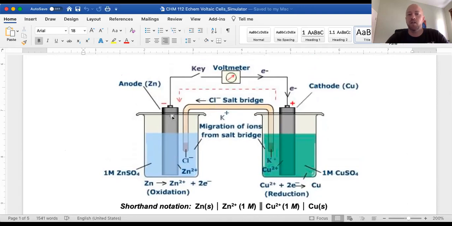This is why over time the anode would essentially degrade away: as the zinc metal loses electrons, it becomes zinc 2 plus, and little pieces of it break off and dissolve into the solution until you have no more zinc metal. There's nothing left to generate electrons, and therefore your battery would eventually stop.